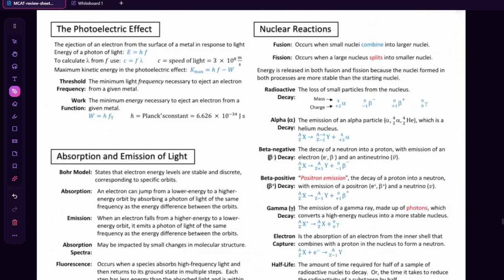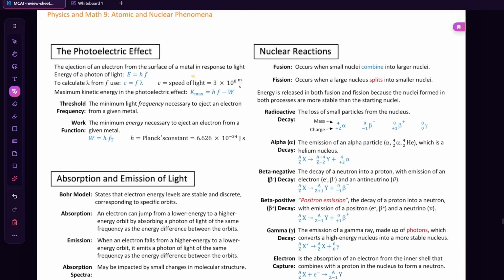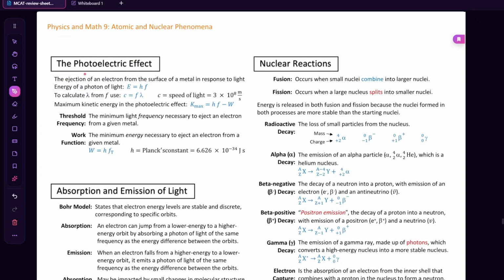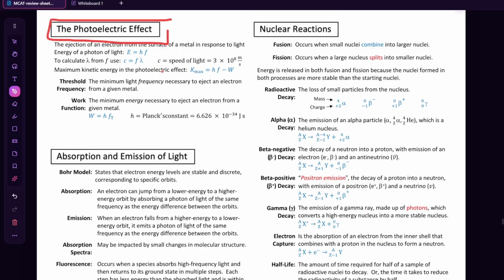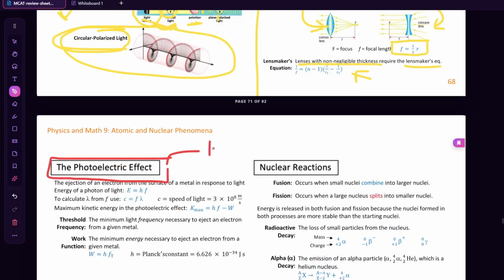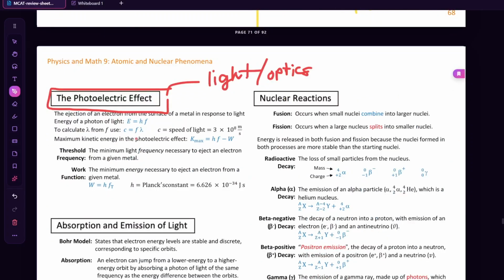And lastly, there is the photoelectric effect. I'll just do this in red. The photoelectric effect is simply the ejection, the removal, of an electron from the surface of a metal, and that's related to light, which is a great reason why we just went over light and optics. If you didn't get light and optics, then this one might be a little confusing.